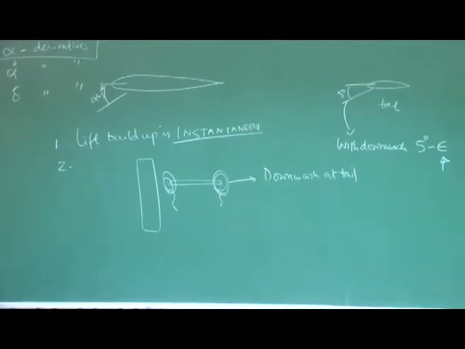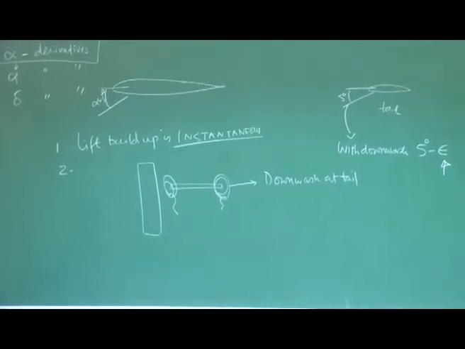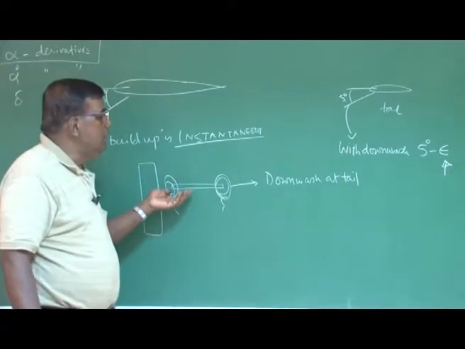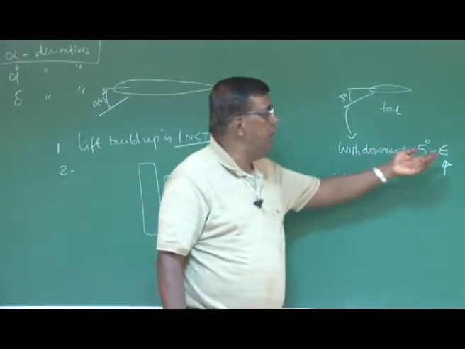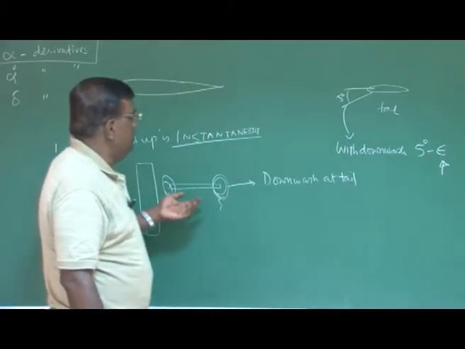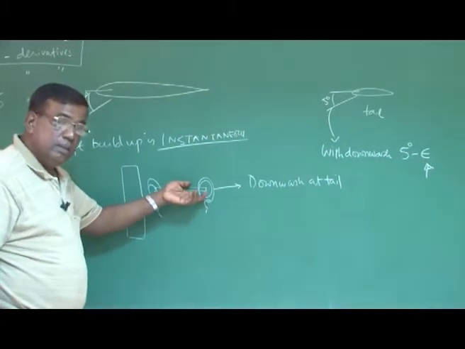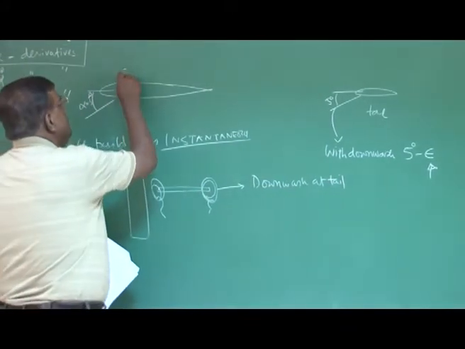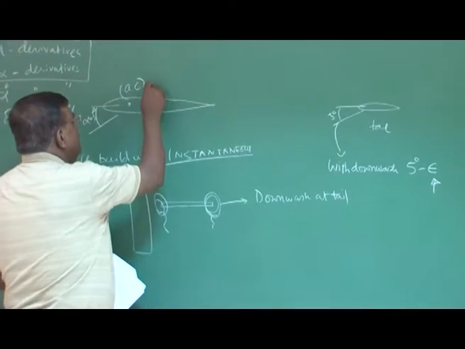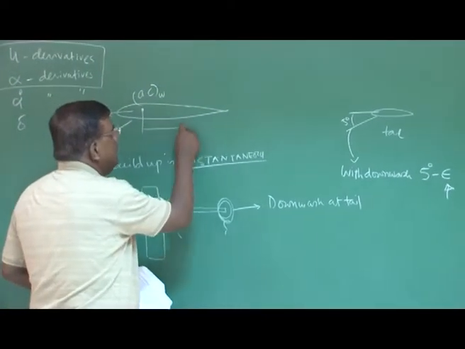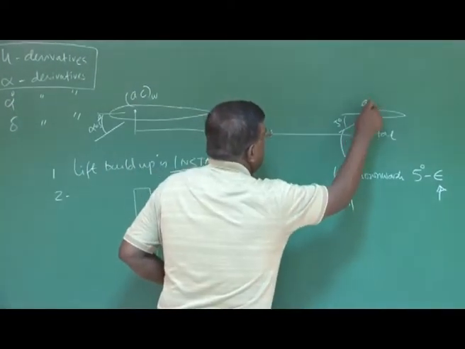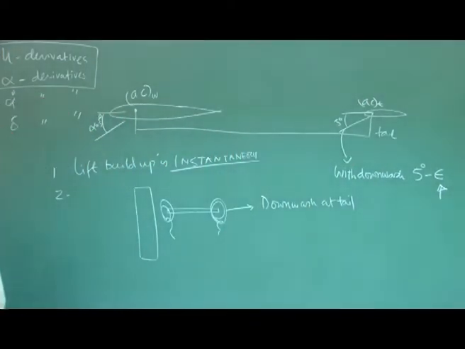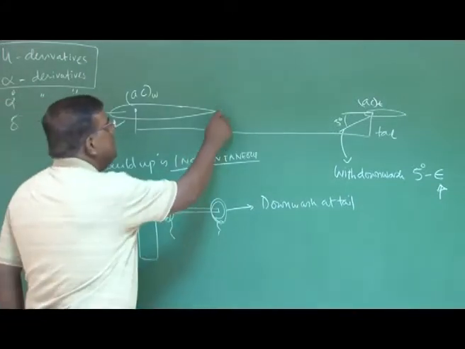But there is another salient point which we need to understand. If I ask this question, who is responsible for this epsilon? We know that it is because of wingtip vortices. And if I take the distance between the AC of the wing and, let us say, the AC of the tail, this distance I call xh.